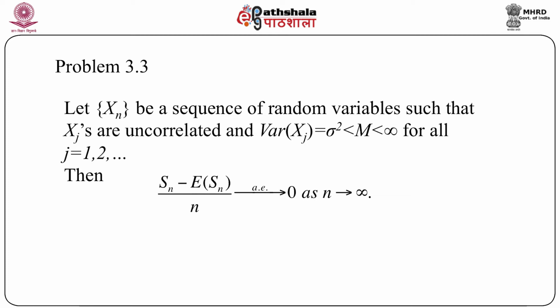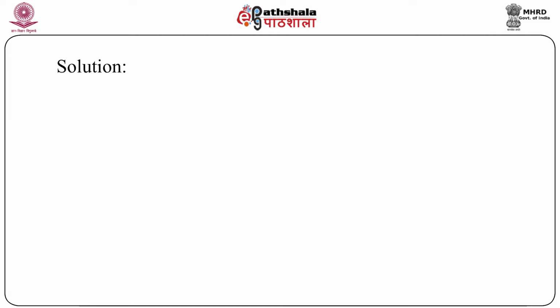That means this variance sigma square is bounded by a finite number. This condition is essential, as we will see in the proof of the result. We have to show that Sn minus expectation of Sn, divided by n, almost surely goes to 0 as n goes to infinity.